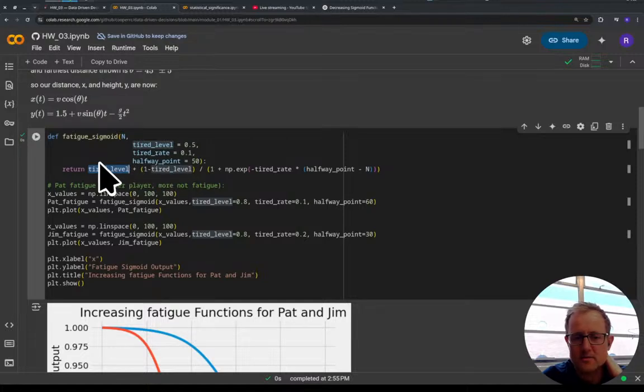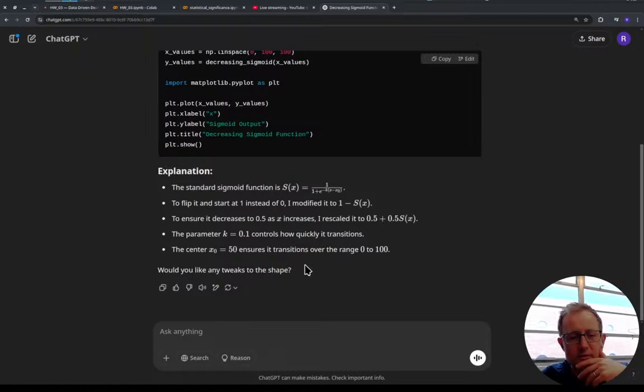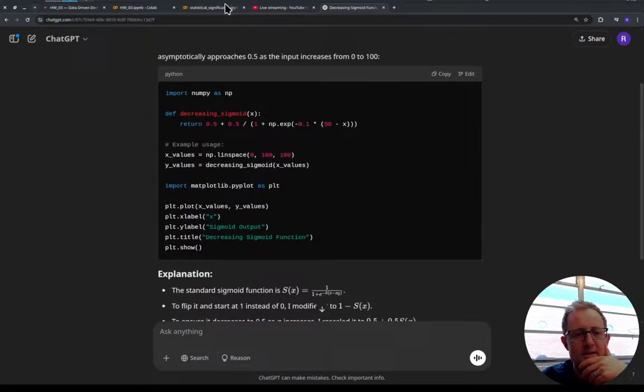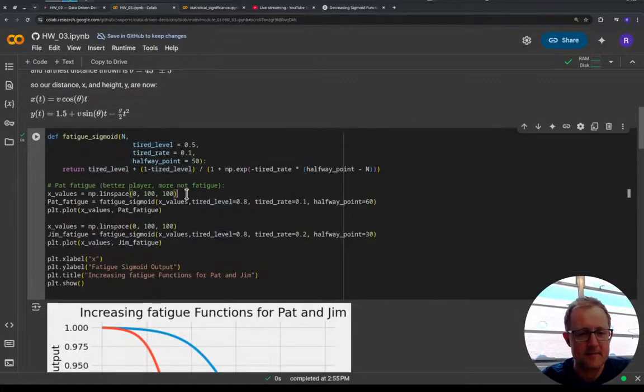So 1, so tired level, and 1 minus tired level. And we could probably play around with ChatGPT to do this for us. And it gives us some of the inputs there. But that's okay. We figured it out without you, ChatGPT.